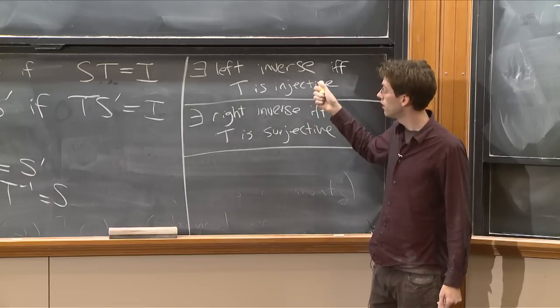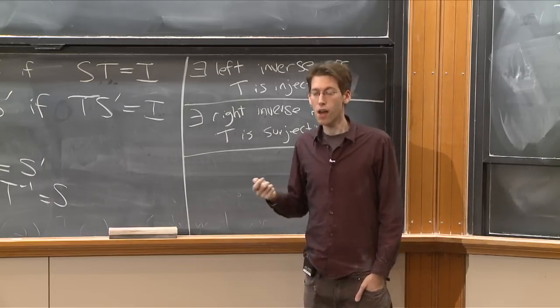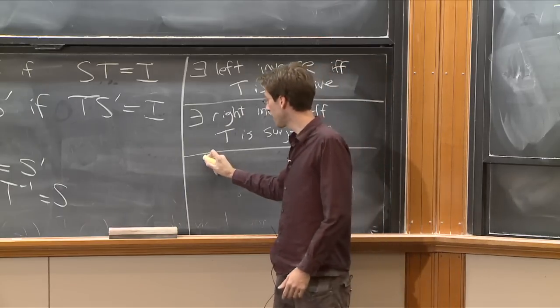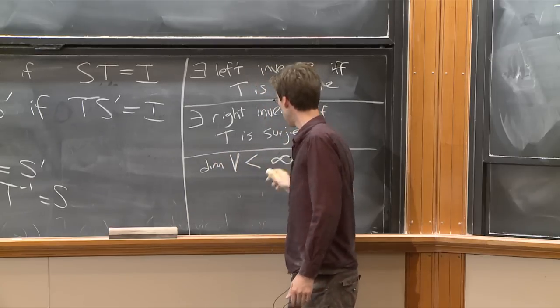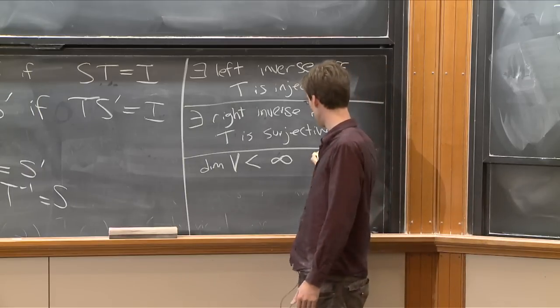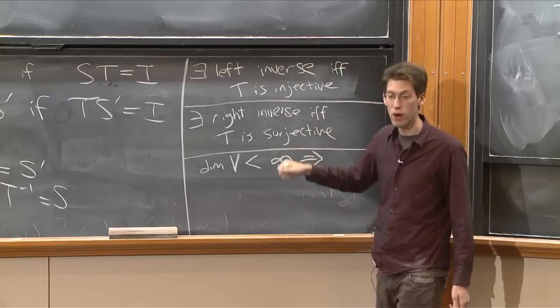OK, so this takes us part of the way there. In some cases, our lives become much easier. In particular, if V is finite dimensional, it turns out that all of these are equivalent.